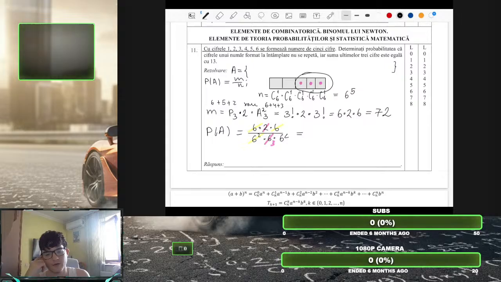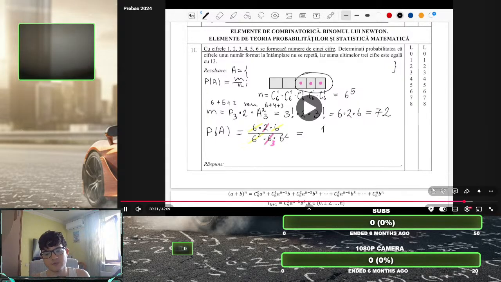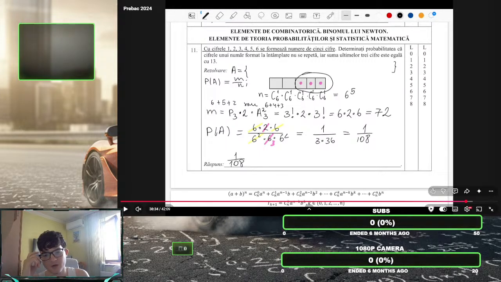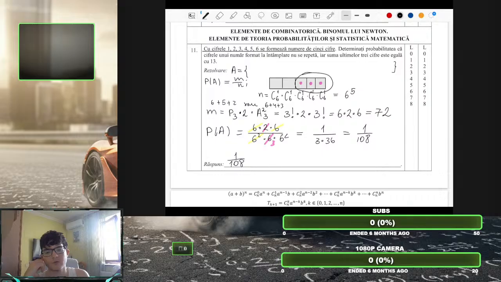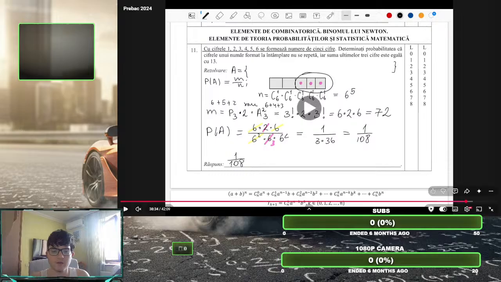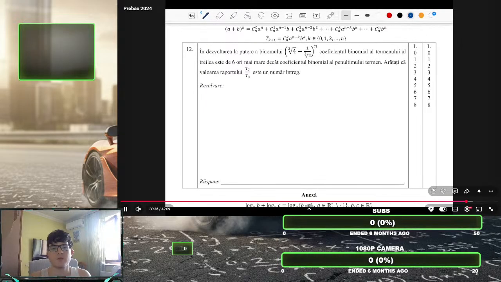By 3 times 36, which is 72, right? Oh, it's the first power there, or what? Oh no, it's 3 times 36, so it's not 2 times 36, so it's 108. Okay, that's that, and this one I've already seen how it's done.